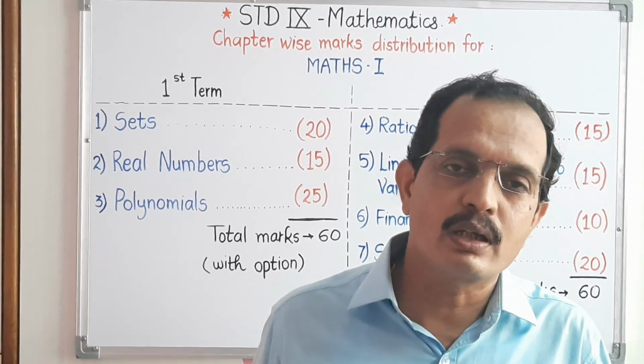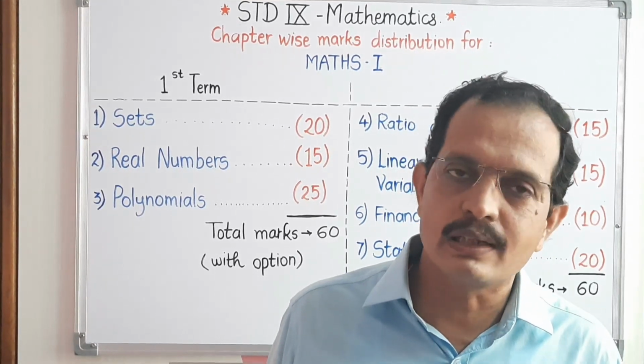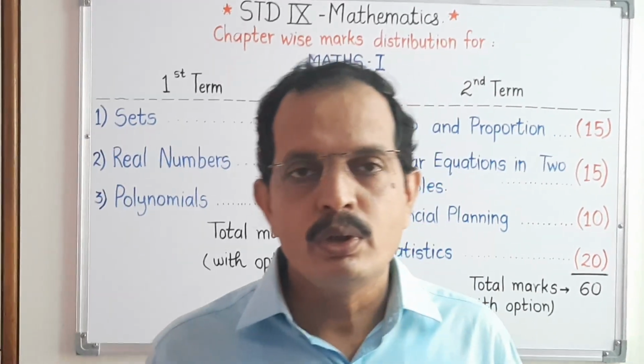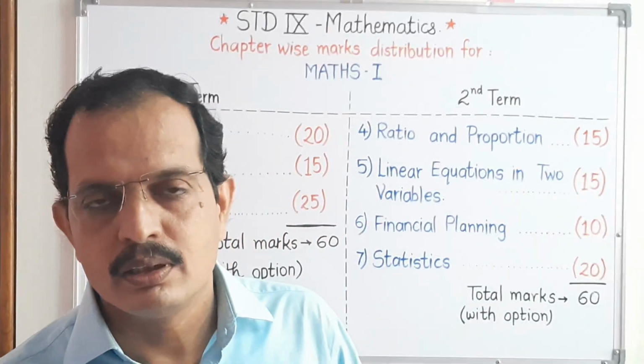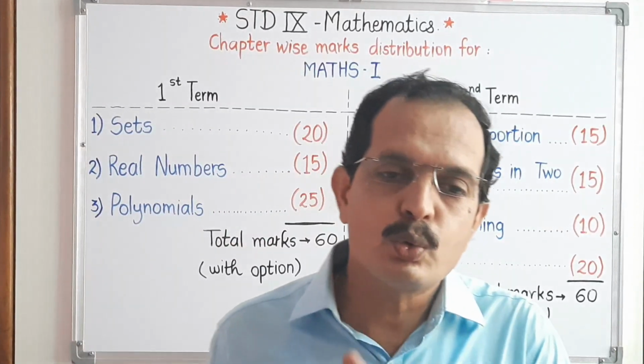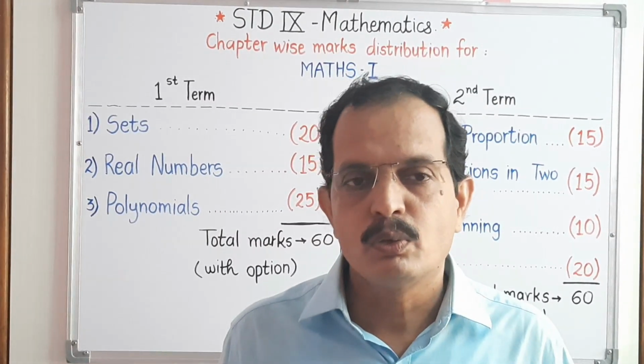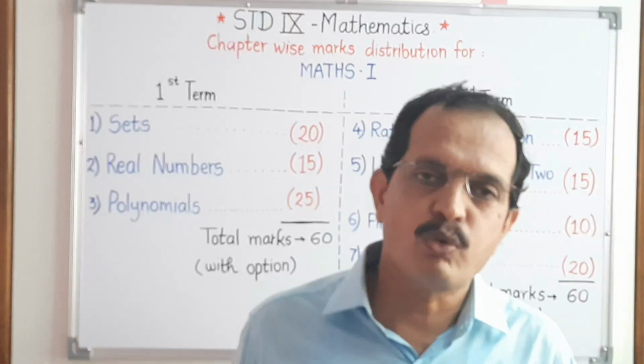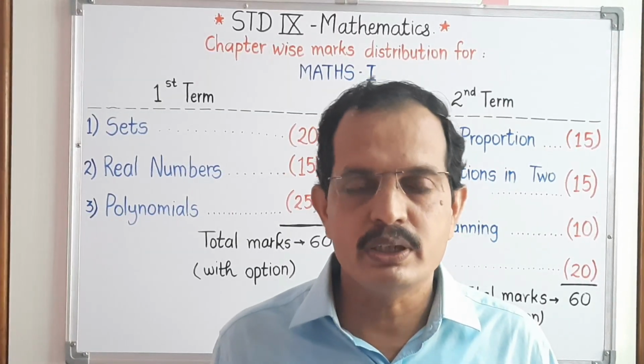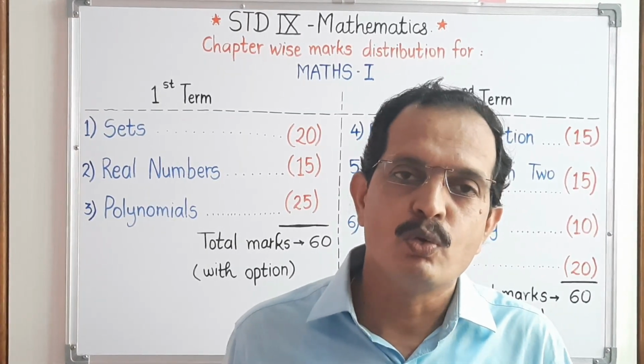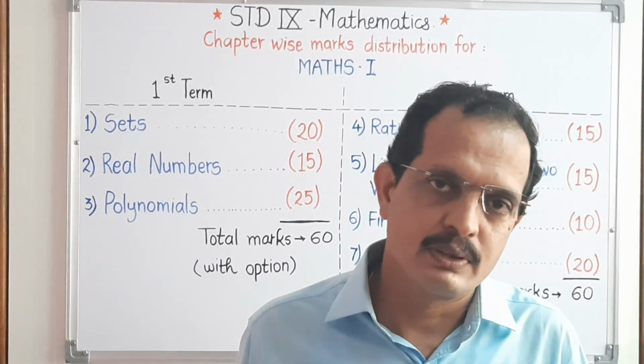Details about internal evaluation we will discuss later on. Now these 80 marks have two separate papers. One is Maths 1 for 40 marks and one is Maths 2 for 40 marks.